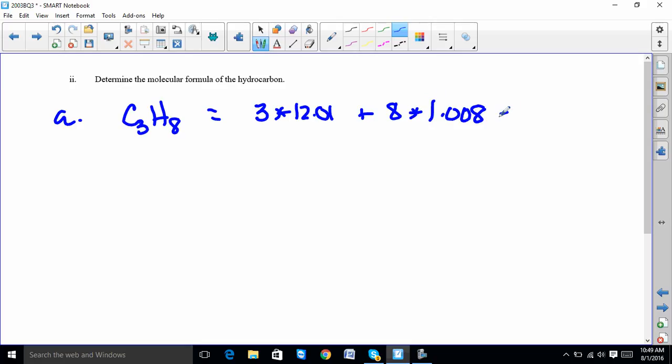And when I do that on my calculator, I get 44.1 grams per mole. That's what the empirical formula weighs. If you look at the answer for B1, we found out that the real molar mass is 44.0.